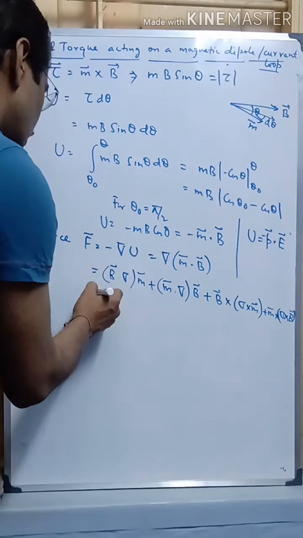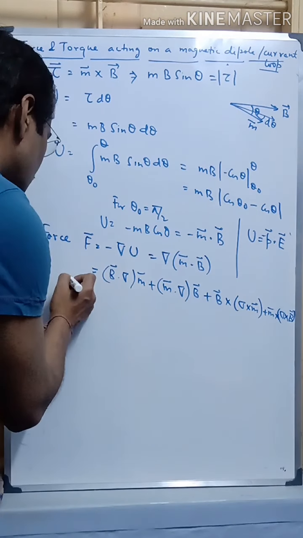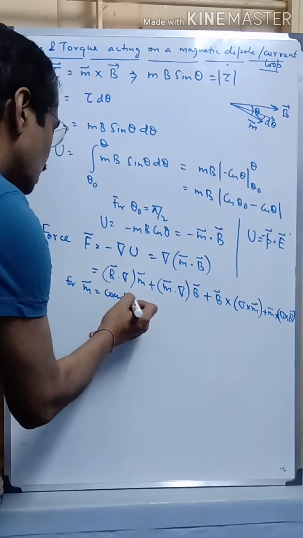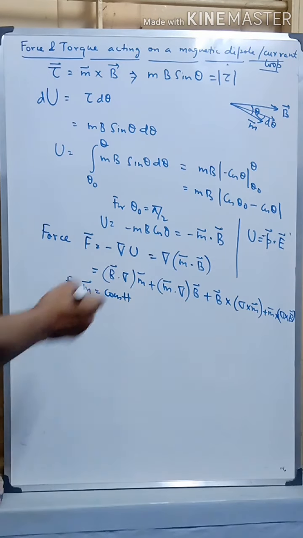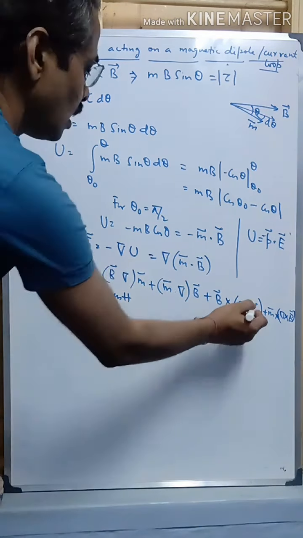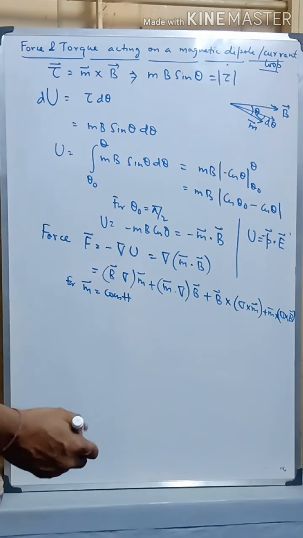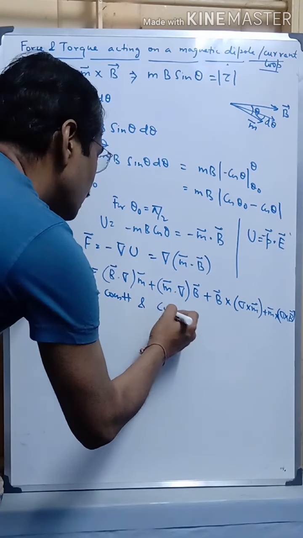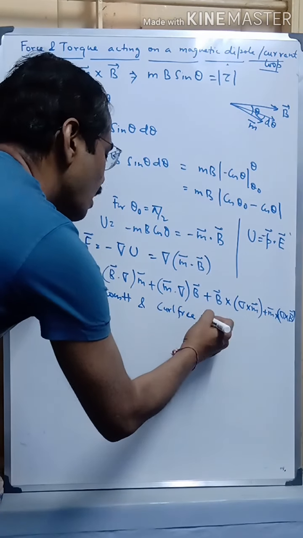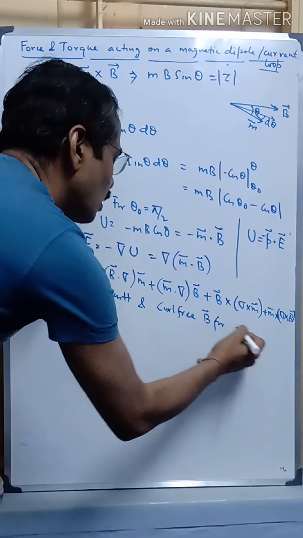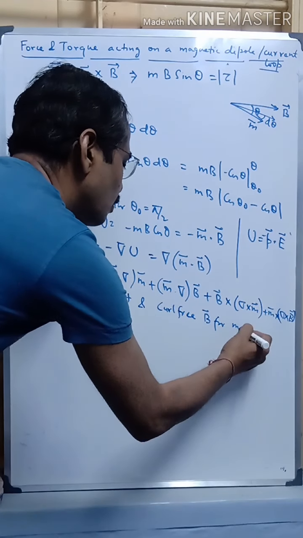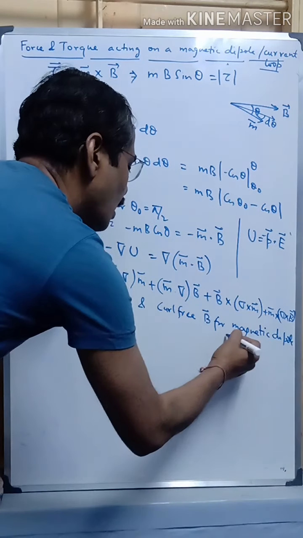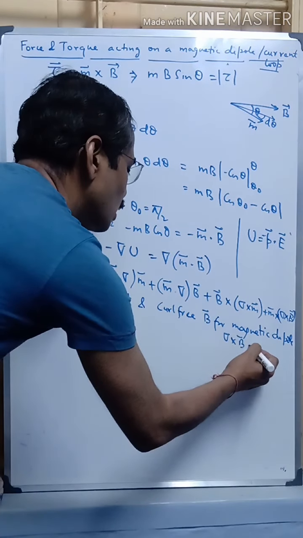This is the expression. Now for a constant M, fixed, the first term would be 0, and the gradient operating on the curl of M would be 0. And B is curl free for the magnetic dipole, so the curl of B is also equal to 0.